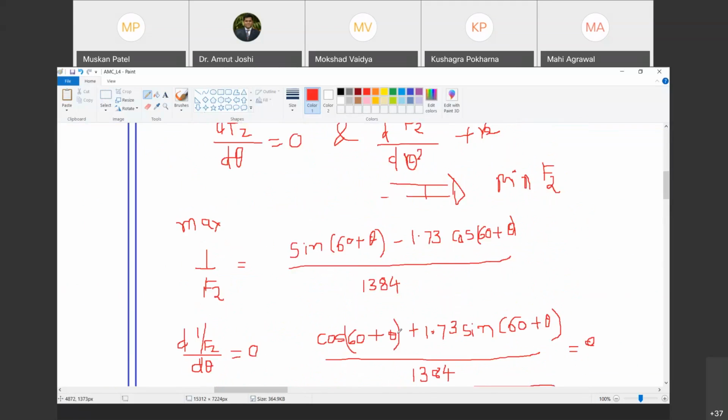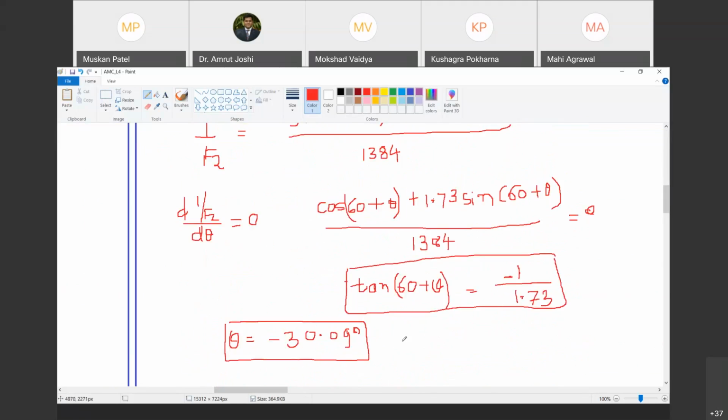Then, sir, 60 plus theta equals minus 30.09. 60 plus theta. Okay. So, tan inverse is equal to minus 30.09. Tan inverse is going to be minus 30.09, or it is 180 plus minus 30.09.